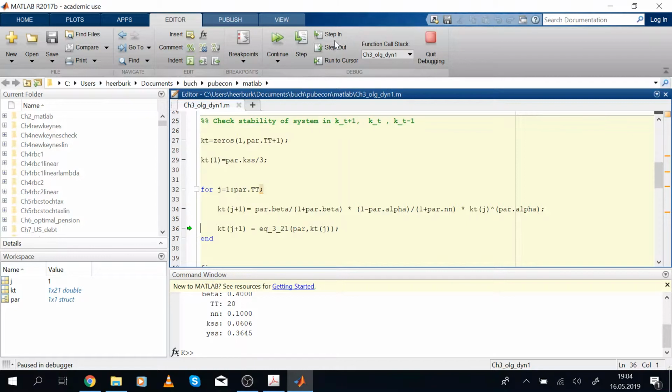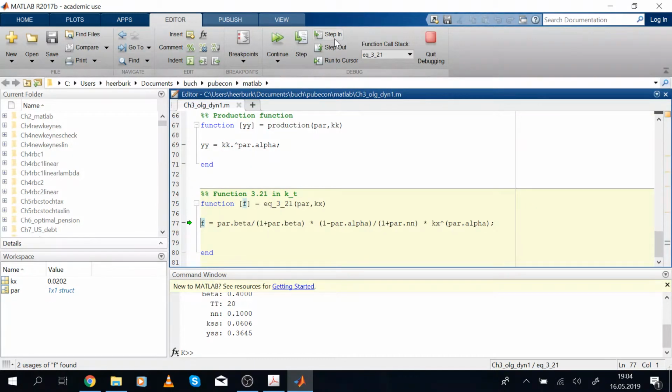So let's step into this function, equation 321, which is provided in line 77. This is again the right hand side of equation 21, and I advise you to use functions as much as possible in your programming.